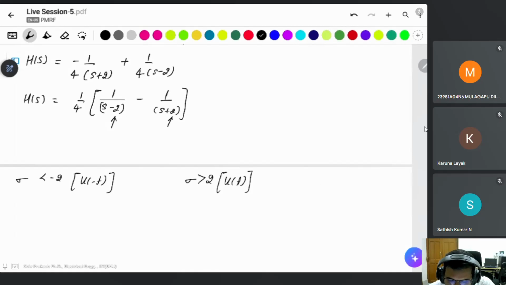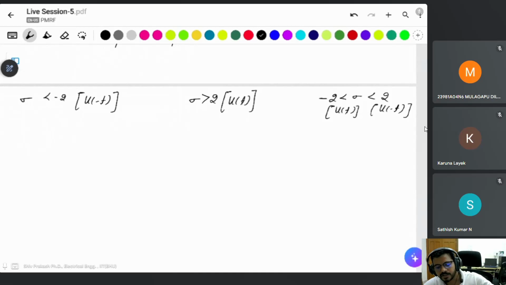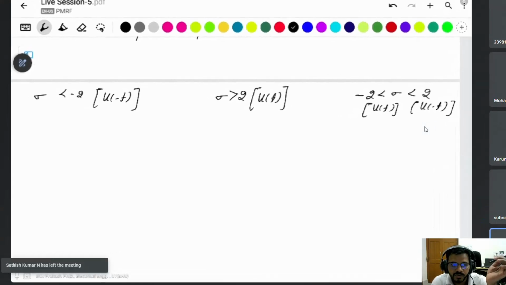Third, if the ROC is in the middle, greater than minus 2 and less than 2, it means this will be a u(t) and this will be a u(minus t), because the ROC is less than here. In the u(t) function, the ROC is greater than something. These are the 3 conditions. You have to choose the perfect answer by choosing the ROC.